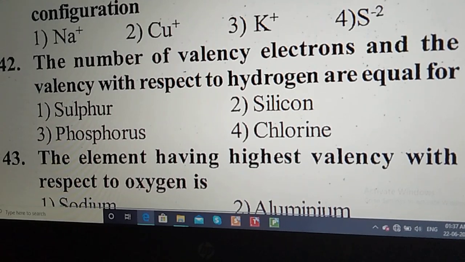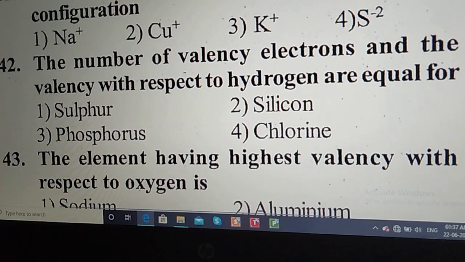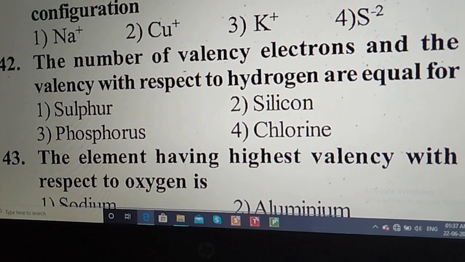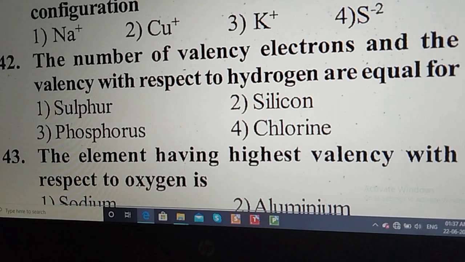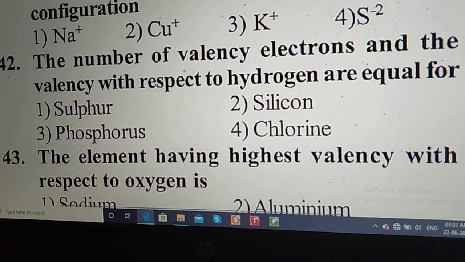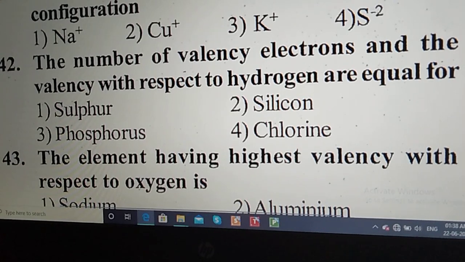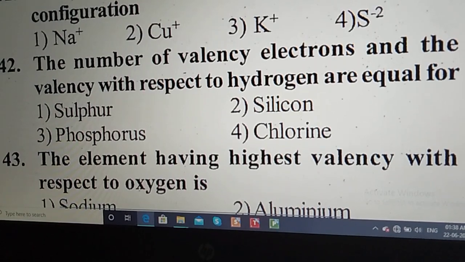They are checking the valency with hydrogen, and second, the number of valence electrons. In which case are both things equal? Let us go and check with the options.